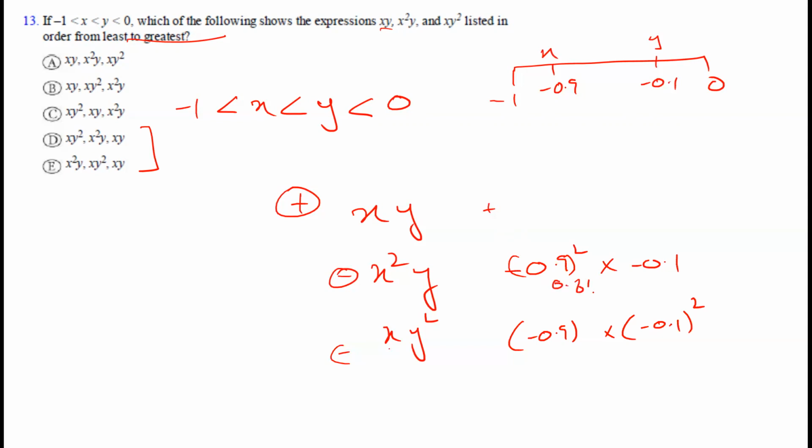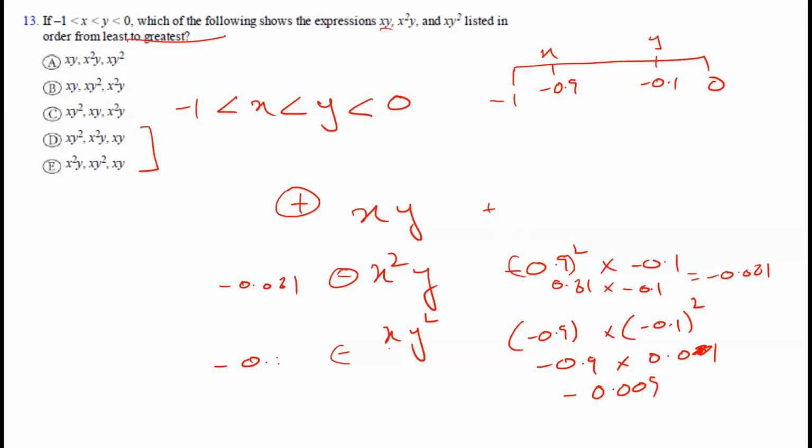So 0.81 multiplied by minus 0.1 gives minus 0.081. And minus 0.9 multiplied by 0.1 square, which is 0.01, into 0.9 would be 0.009.